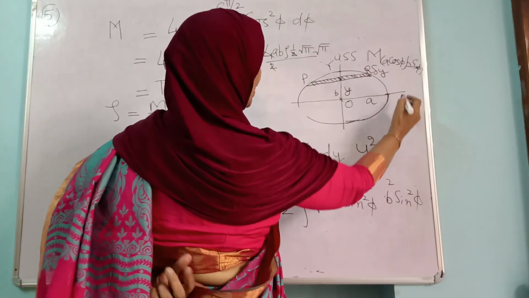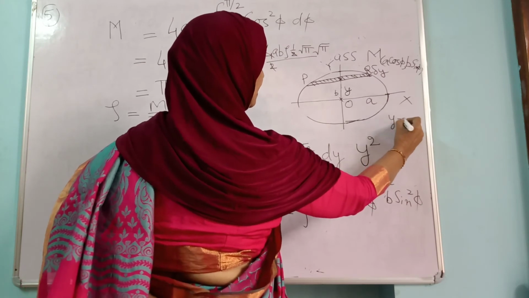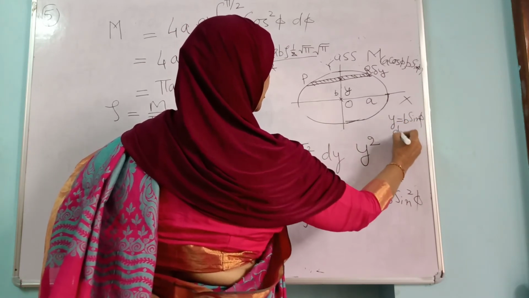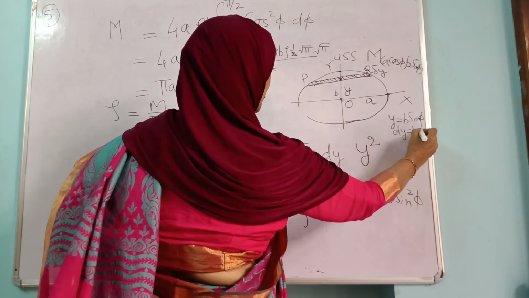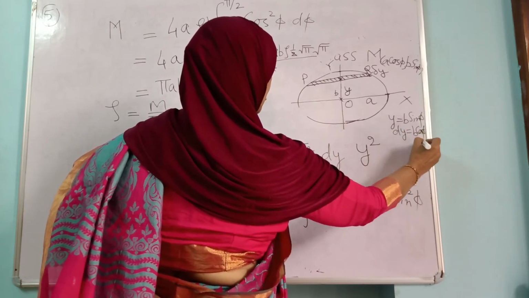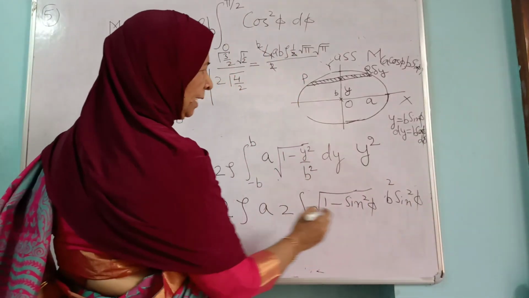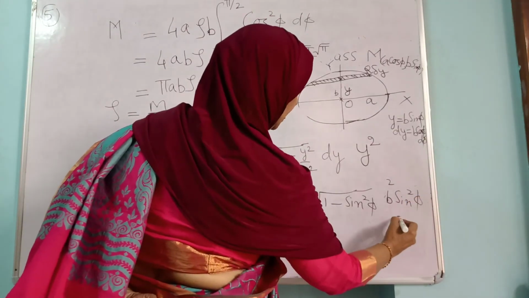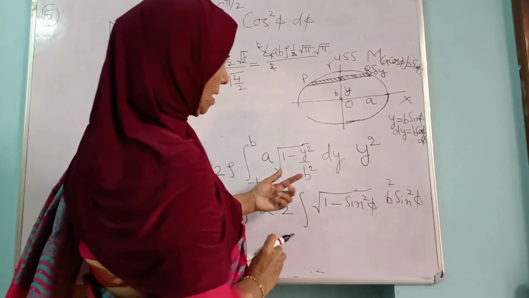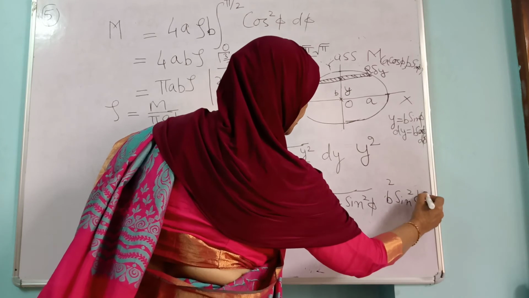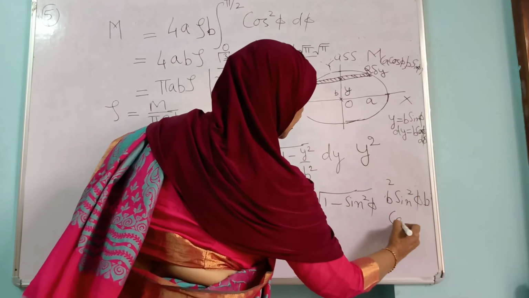Since y is b sin phi, dy is b cos phi d phi. So this is multiplied by b cos phi d phi.